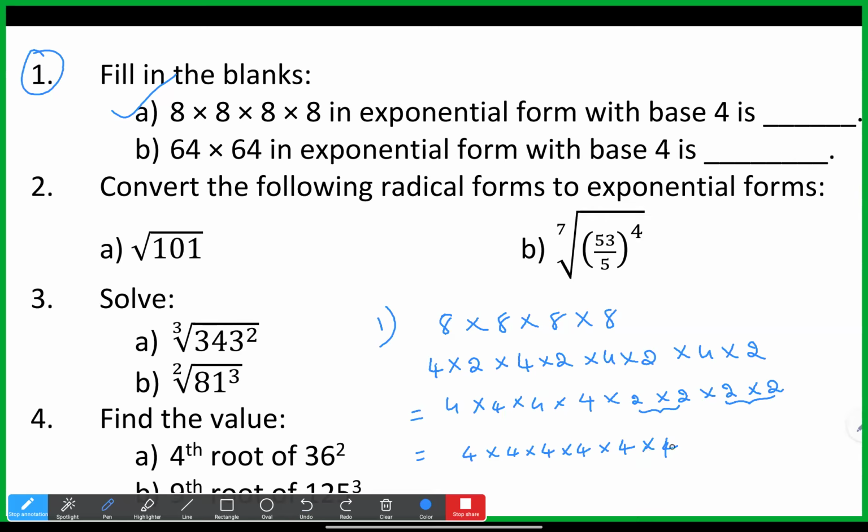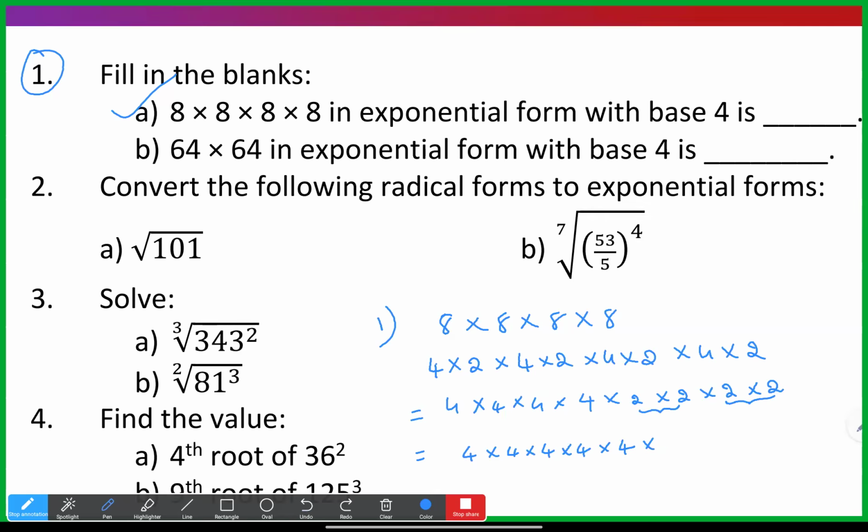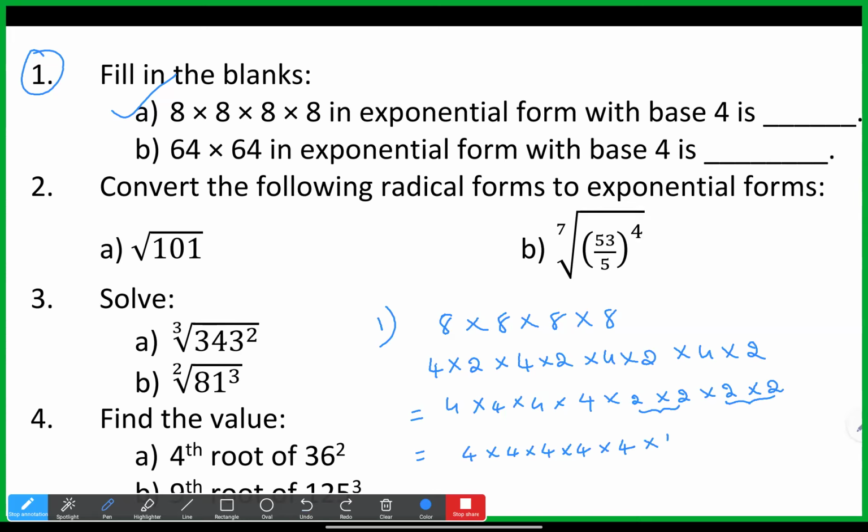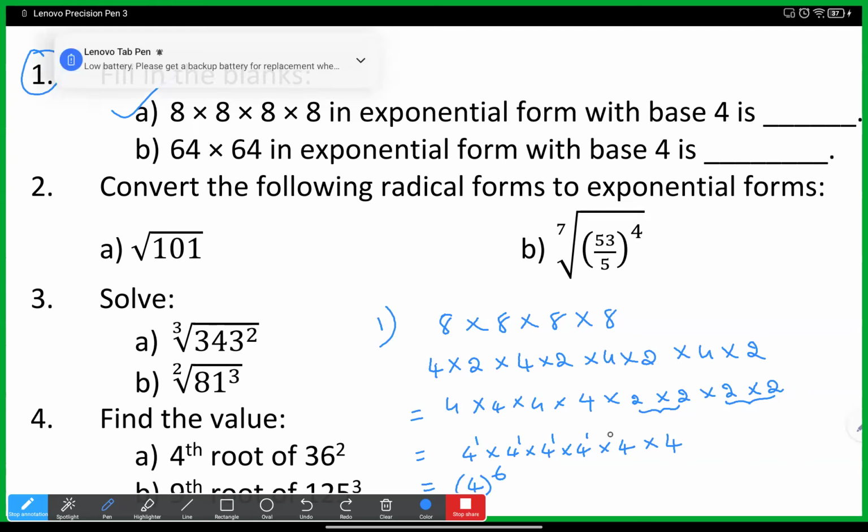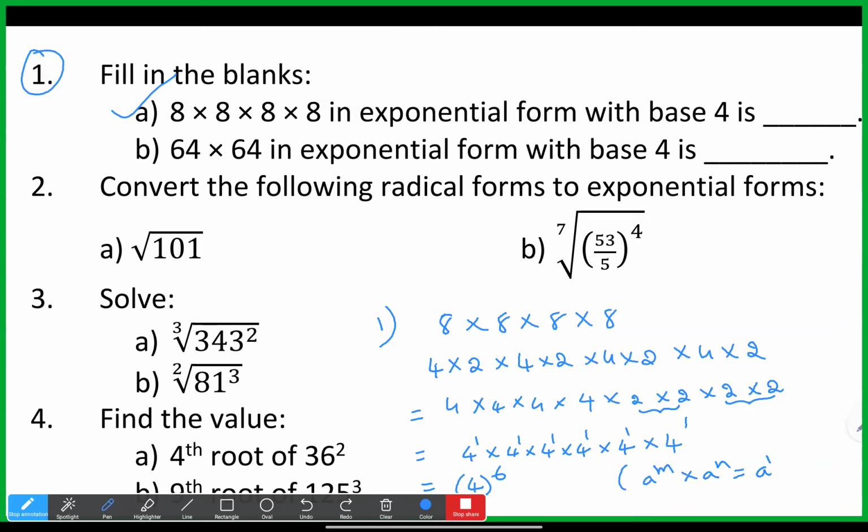So how many fours came in total? Sir, 6. So it becomes 4 power 6. Which law? These have no powers, means ones only. The bases are the same, so we can just add the powers: 4 power 1 plus 1 plus 1 plus 1 plus 1 plus 1, six times, which is 6.